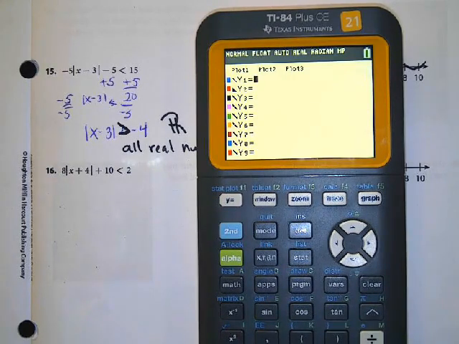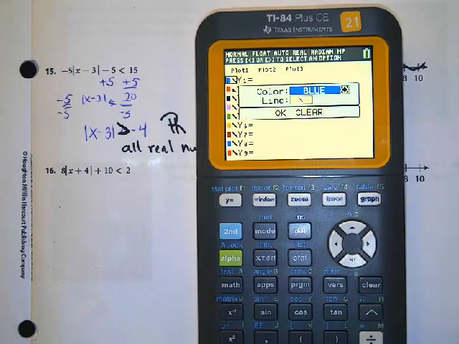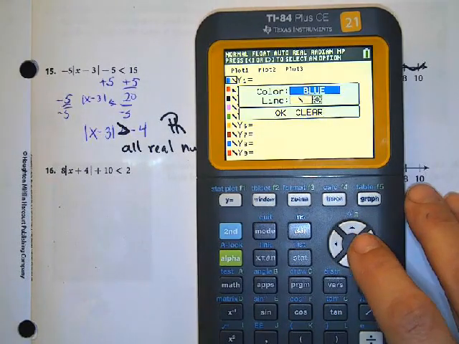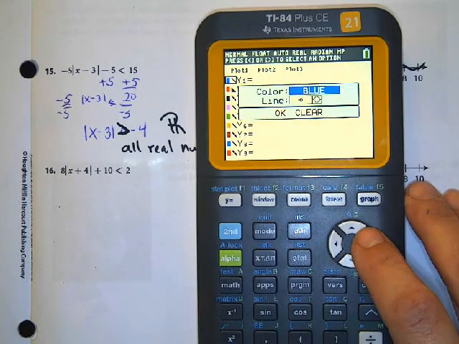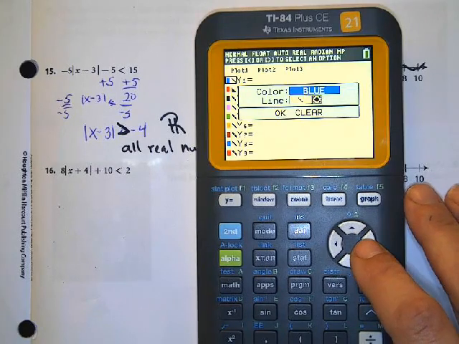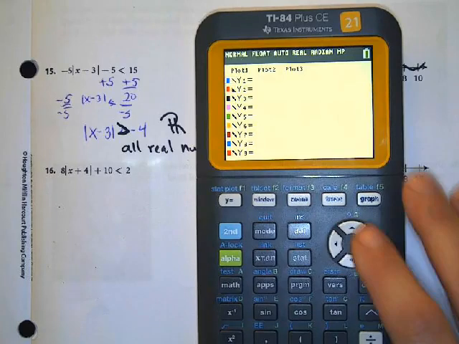So if you scroll to the left of the y equals, click on enter. If I come down here, I can change what kind of line it is. This is greater than, this is less than. A little bubble with the trail. There's a little bubble there. Dash lines, more of a dash line or a regular. Okay? I'm going to leave this one just as normal for right now and then change the second part.